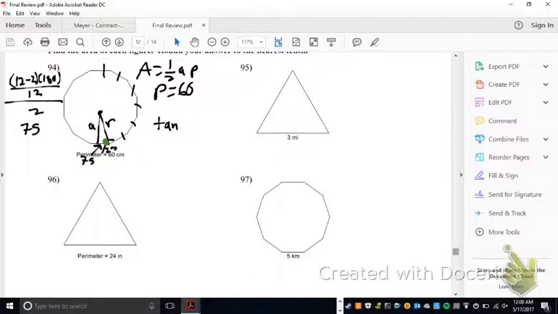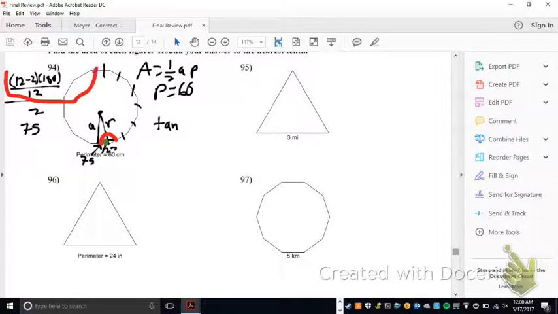And we divide that by 2 to get 75 degrees. Why do we divide it by 2? Because we know that this angle right here, this red angle, that's going to be 150 degrees. We got that by going 12 minus 2 times 180 divided by 12.